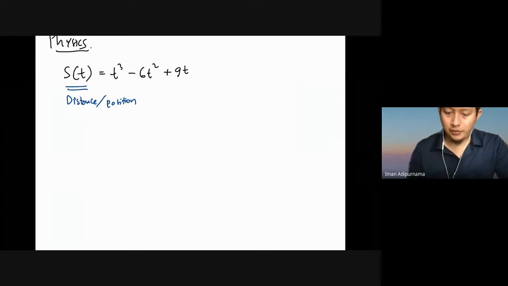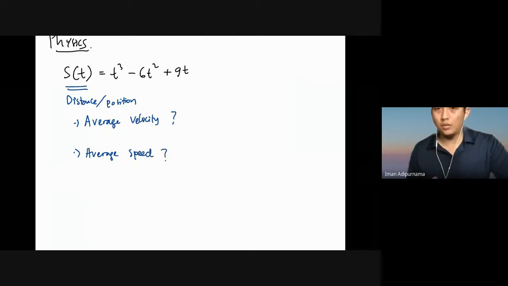If you were asked to find the average velocity and average speed, what is the difference?